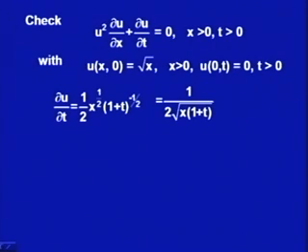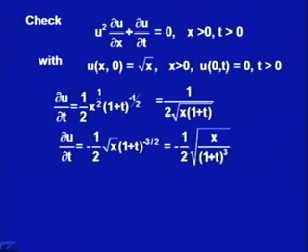Now, if I differentiate u(x,t), that is square root of x upon 1 + t, with respect to x, we get 1 by 2 square root of x times (1 + t) to the power minus 3 by 2.